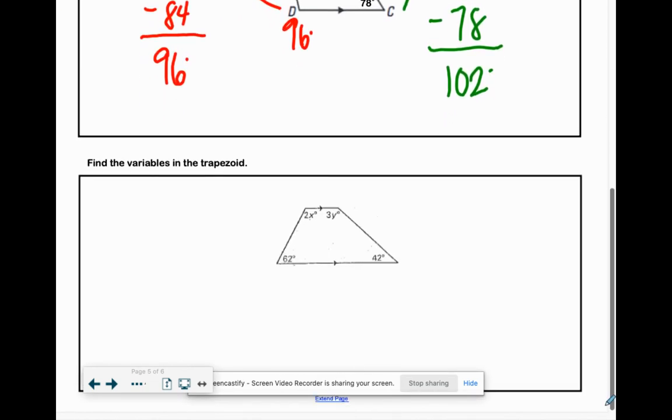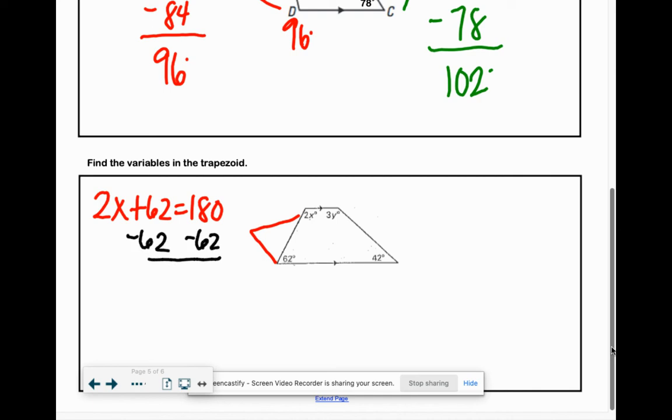Okay, and then our last one is with a little bit of algebra, but same idea. If we want to find x, what do we know about these two angles right there? What do they have to add to? Yeah. So we'll have 2x plus 62 equals 180. Yep, subtract that 62 over. So 180 minus 62 is 118.